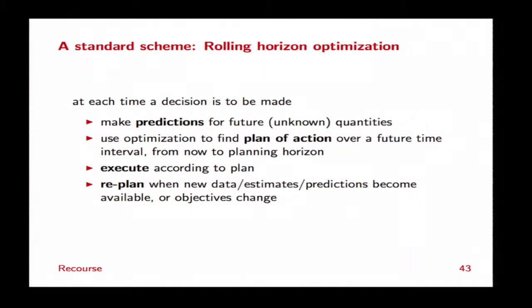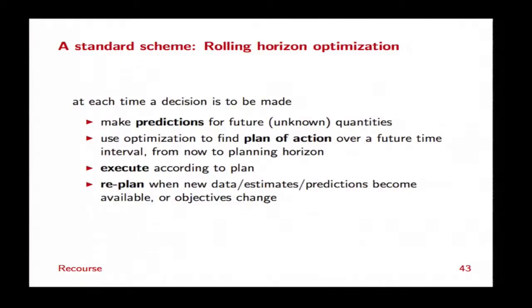So you don't expect these predictions, in most cases, to be perfect by any means. They can even be quite bad. Then you use optimization to find a plan of action. You execute according to the plan. And then if new information becomes available, you just redo the whole thing.